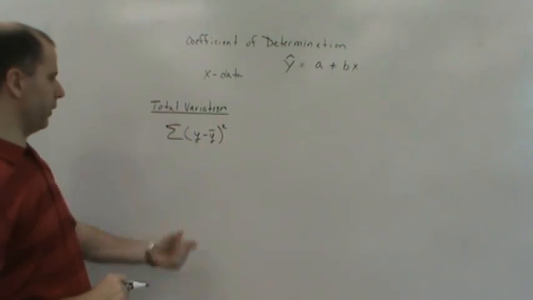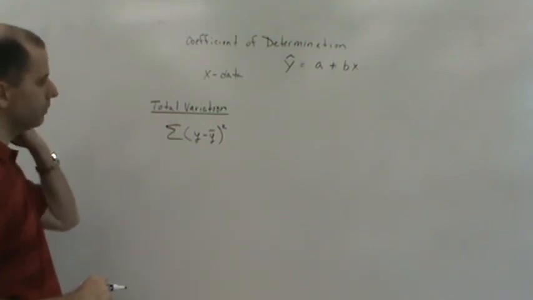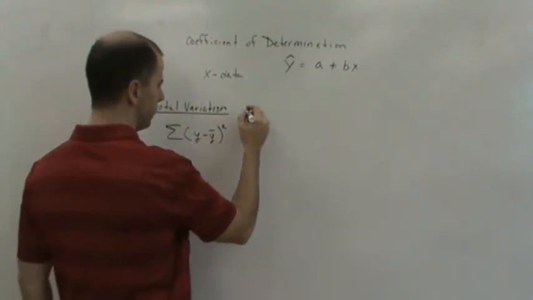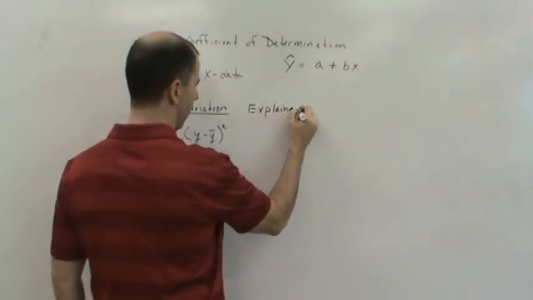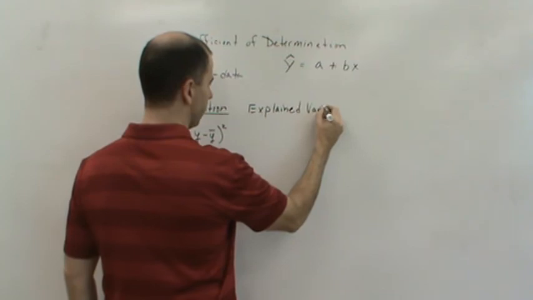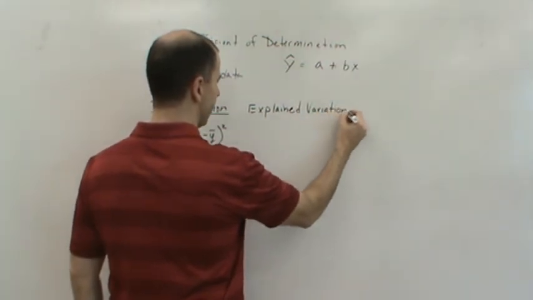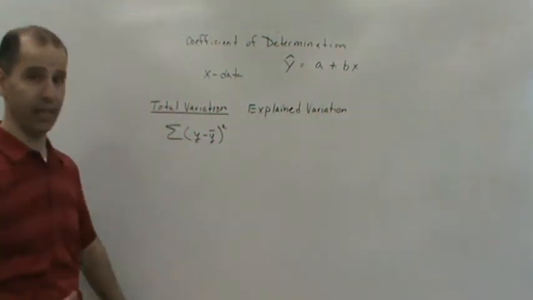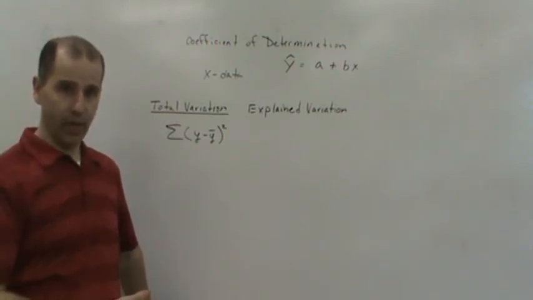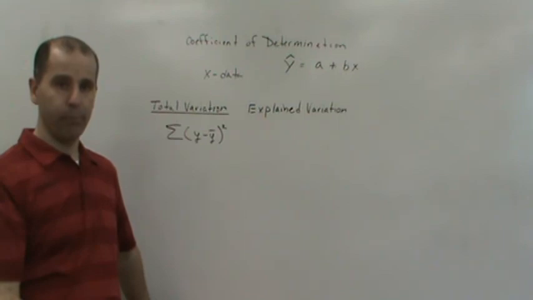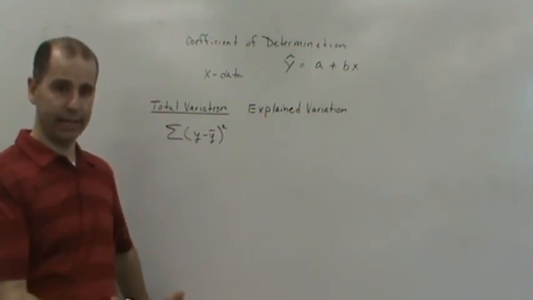So this is total variation. Now the next piece is explained variation. This is the variation that we would expect to see because there's variation in the x data. So it's explained by the variation that we see in our x data.